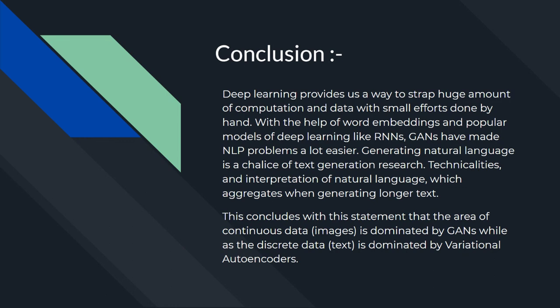Generating natural language is a challenge of text generation research, and the technicalities and interpretation of natural language aggregate when generating longer text. We conclude with this statement: the area of continuous data is dominated by the generator, while discrete data is dominated by variational autoencoders.